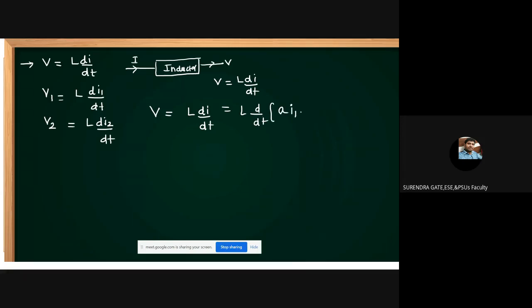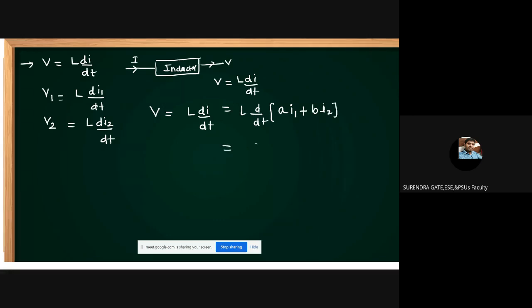How to identify? For I1 input, the output is V1 equal to L into di1 by dt. For I2 input, two different inputs, V2 equal to L into di2 by dt. What is V equal to? L into d by dt of A into I1 plus B into I2.